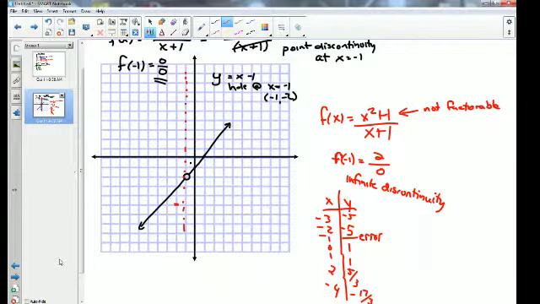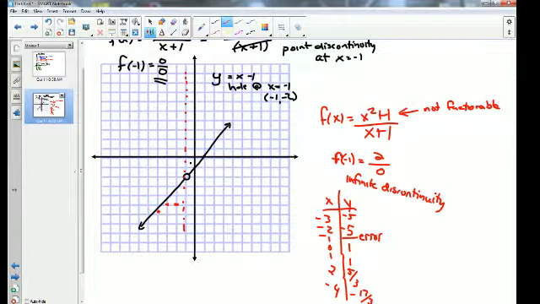Something's not right here. 17 over 3, this is one of those funny ones.